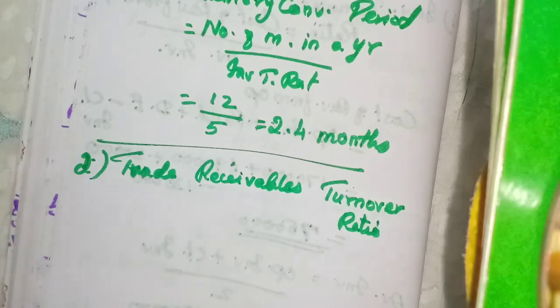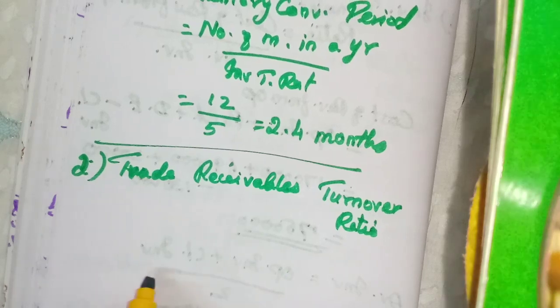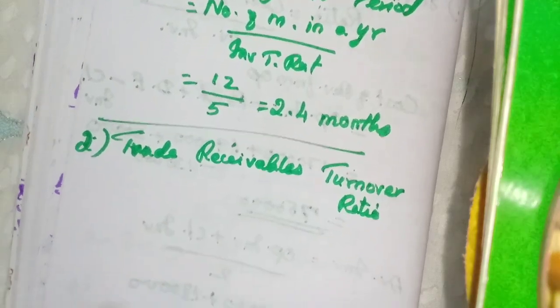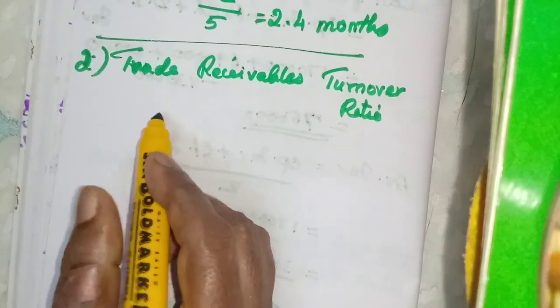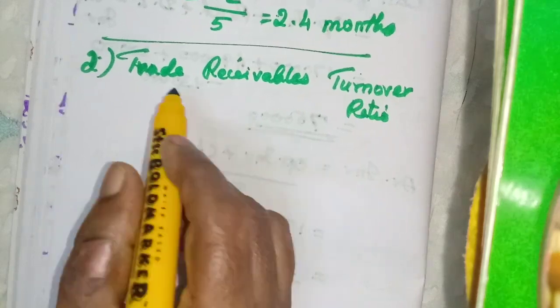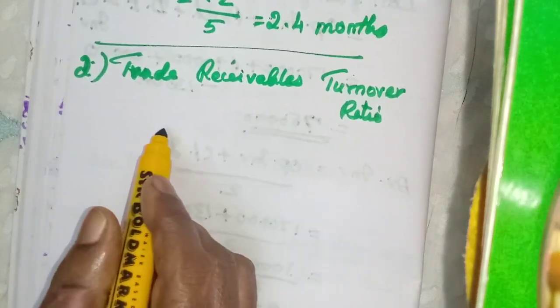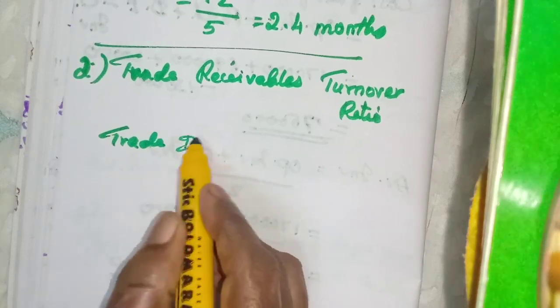What is the meaning of trade receivables turnover ratio? Trade receivables means it includes the sundry debtors. Trade receivables means trade debtors, that means the sundry debtors.